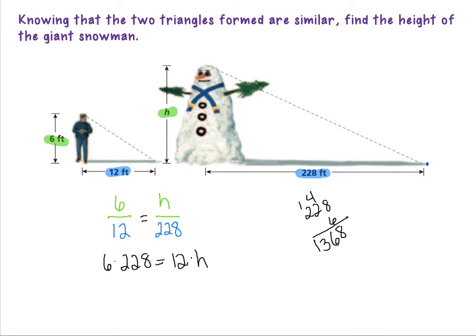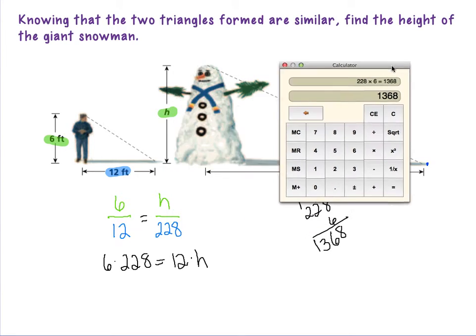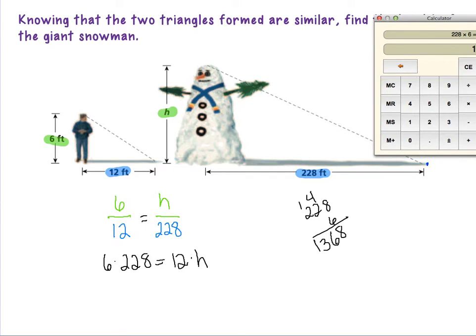And then, as always, we're able to use our calculator to double check. 228 times 6. All right, so we get 1,368. Perfect. So I get 1,368 is equal to 12 times h. I'm going to divide both sides by 12.